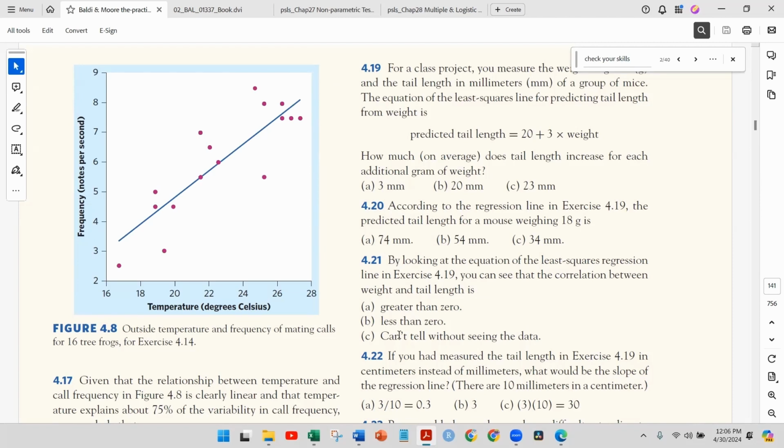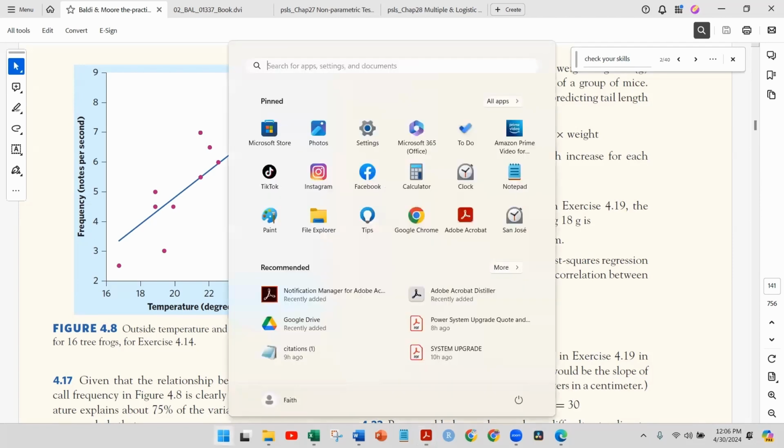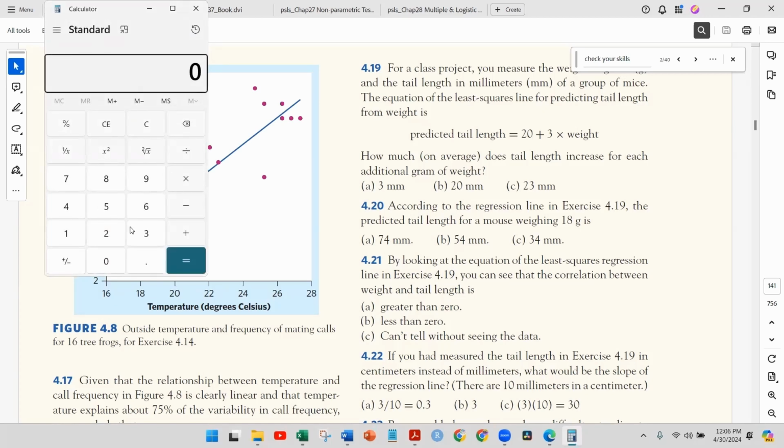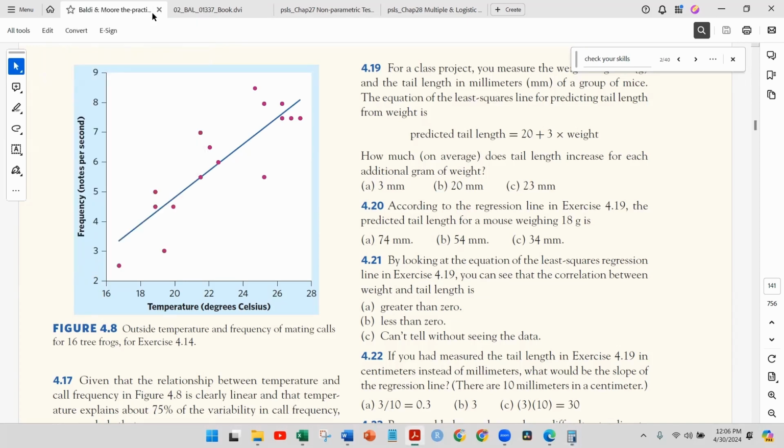I've got a calculator app on my computer. If I go here, calculator, there's a calculator. You can do everything that you need to do. That's allowed, right? Right, Michelle? Yeah, it's allowed in tests. But otherwise, just bring a calculator. But you can't use your phone. You have to put your phones away.